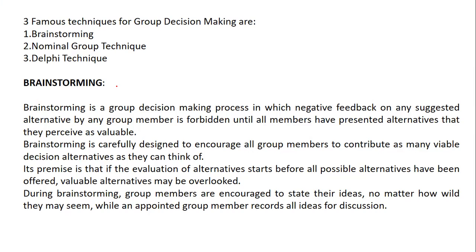It is not accepted unless and until all the members have presented alternatives that will be perceived as valuable. So here it is carefully designed by encouraging all the group members to contribute more and more ideas towards the decision. It helps to evaluate the alternatives in the best possible manner, from all the angles.